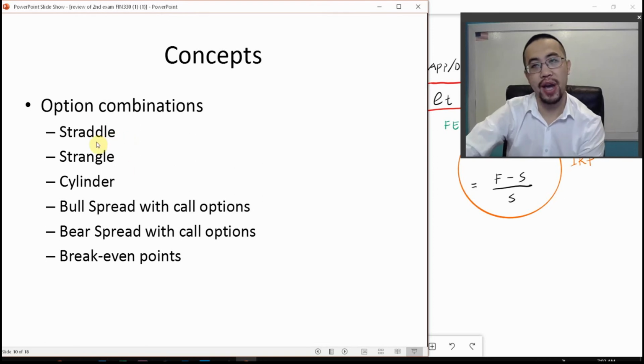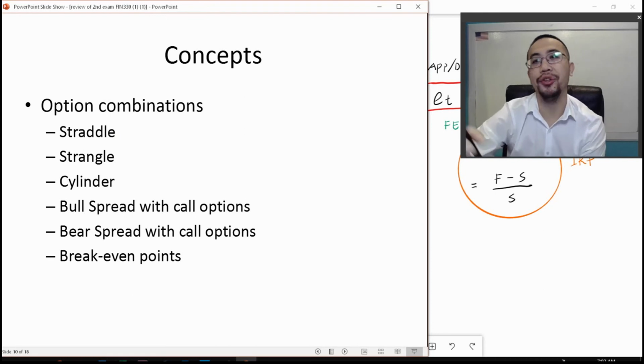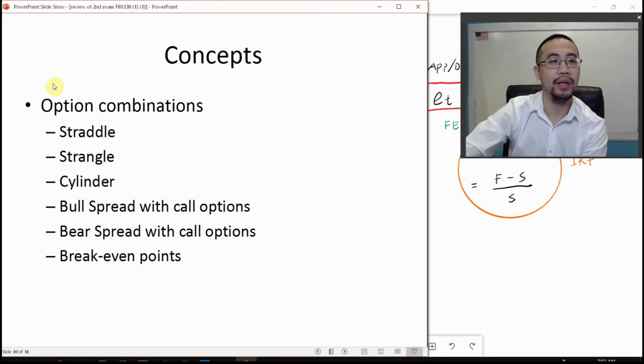For example, a straddle combines a put option and a call option. So you are buying a call and buying a put, and these two options have the same exercise price. To get the profit under a specific spot rate, you just need to calculate separately the profit for the call option and the profit for the put option.